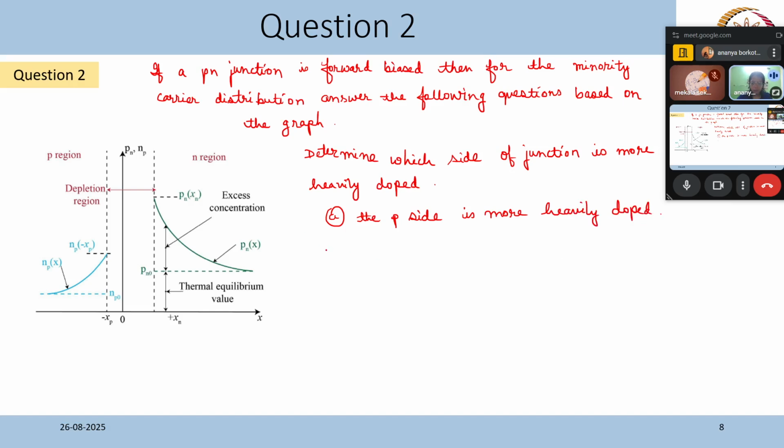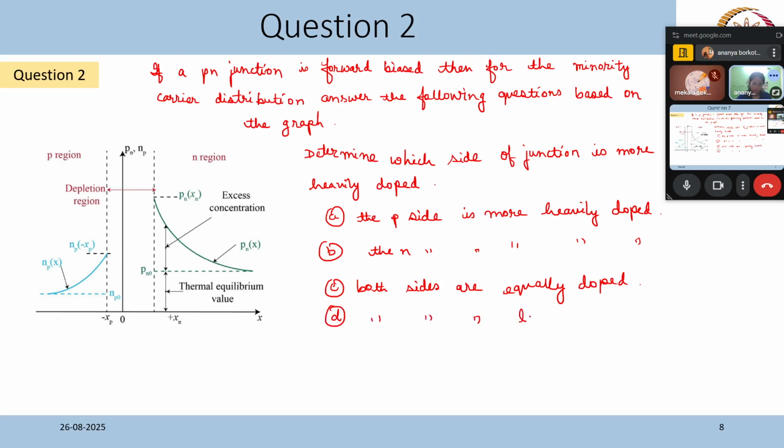The P side is more heavily doped, the N side is more heavily doped, both sides are equally doped, both sides are lightly doped.